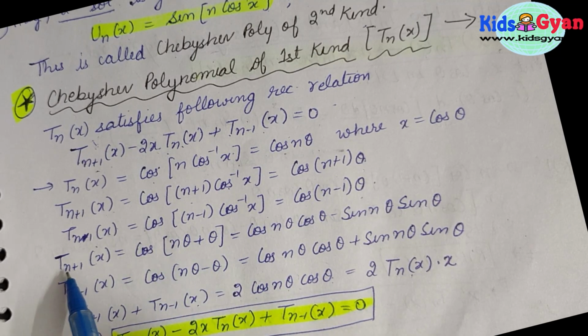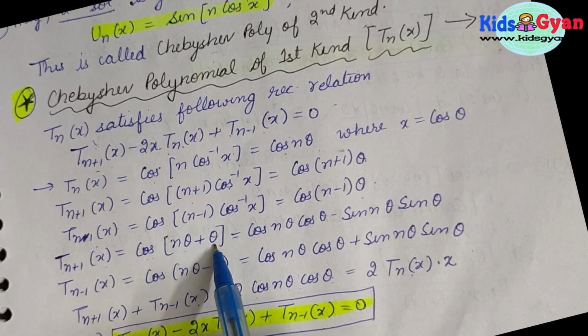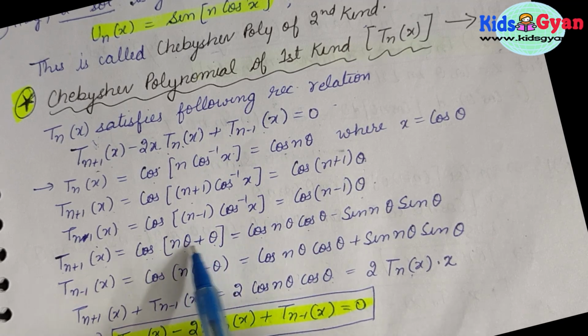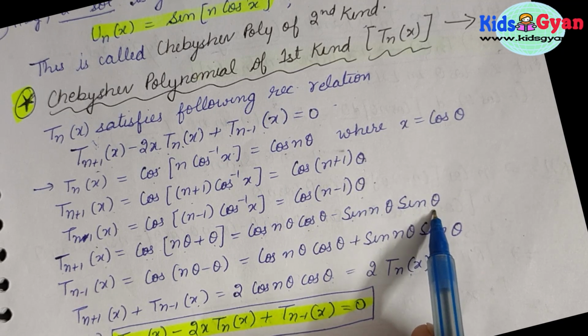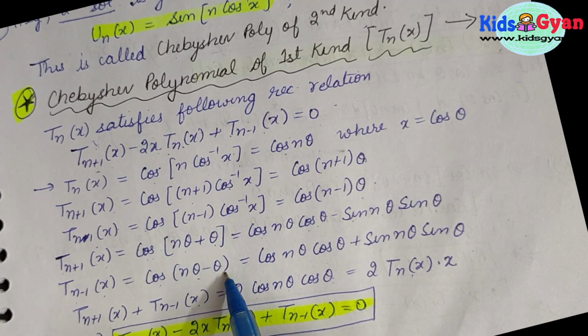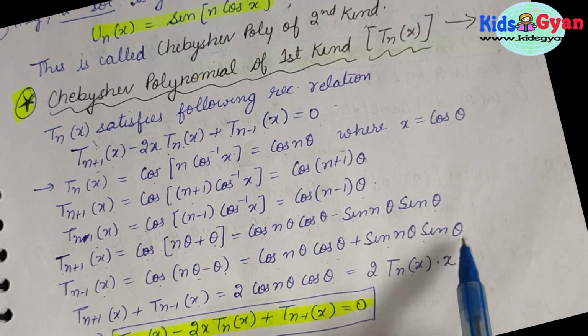So now Tn+1(x) we can write as cos(n theta plus theta). Using cos(a+b), it is cos n theta cos theta minus sin n theta sin theta. Similarly Tn-1(x) is cos(n theta minus theta), so cos n theta cos theta plus sin n theta sin theta.